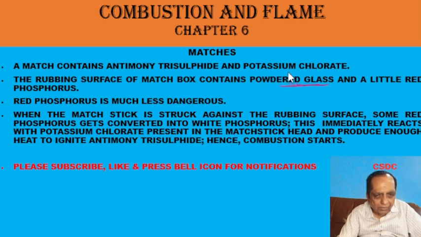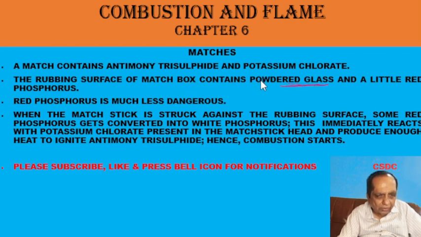Initially, a long time back, instead of red phosphorus they were using yellow phosphorus, but as I had discussed, yellow phosphorus has spontaneous combustion properties, so it is not safe to use, so we are using red phosphorus.